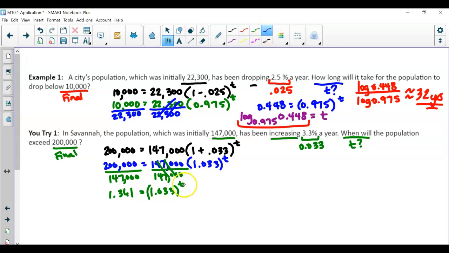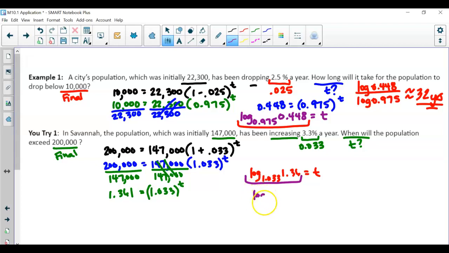So now because you're solving for the exponent, you should have written this as a log, the inverse. So this is the same as log base 1.033 of 1.361, which is equal to t, your exponent. And here you should have noticed that this is the change of base formula in order to simplify.